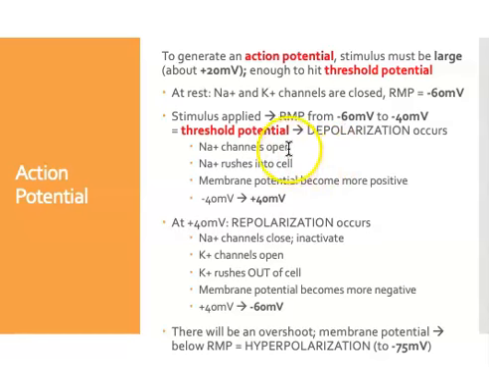Sodium channels open, sodium rushes into the cell. The inside of the cell suddenly becomes much more positive, much less negative. That's what we call depolarization. So we're going to rise rapidly from minus 40, that's the threshold, to plus 40, that's that peak.